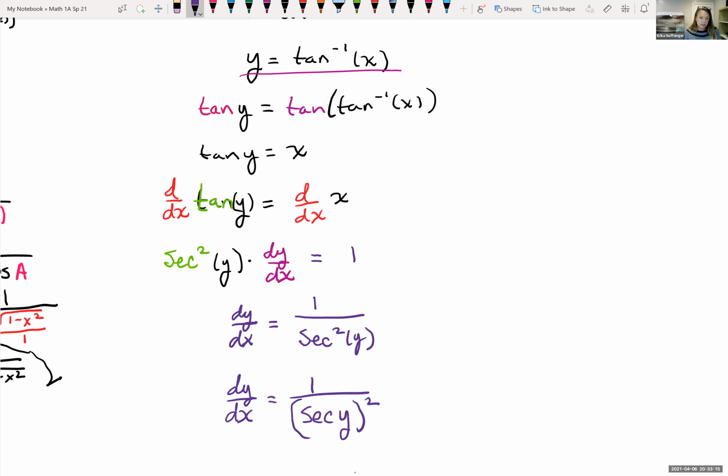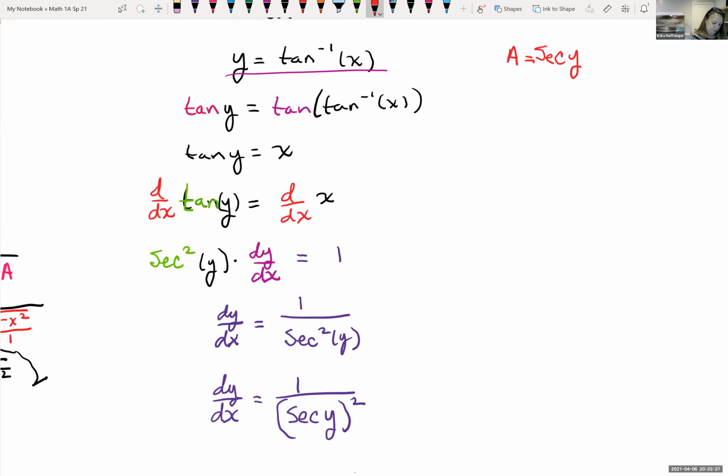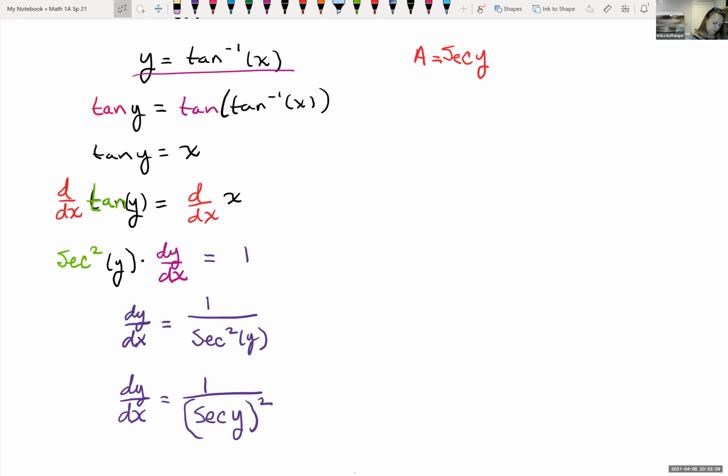So we're going to do the same thing we just did, where we're going to treat this as a triangle. So secant of y, let's let that be some angle. So I can call it A, I can call it theta, whatever we want to call it. Wait a minute.